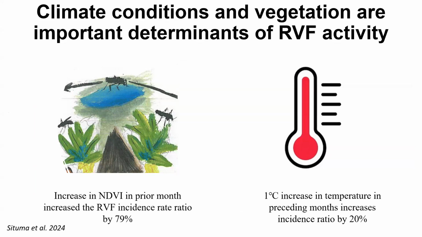And that's an important condition for the disease vectors to grow. There's a 79% increase in the RVF incidence ratio a month after higher NDVI, which is basically a measure of vegetation, was observed. And also an increase in temperature. So warmer temperature conditions can also increase the incidence of RVF.